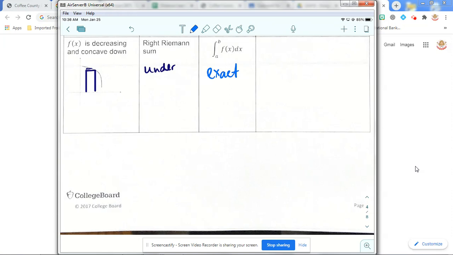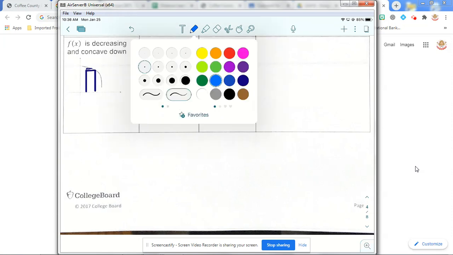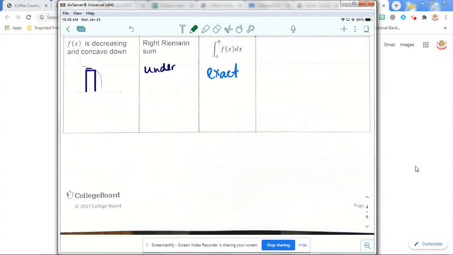All right, so then we have to figure out which is greater, an underestimate or an exact value, not an estimate, an exact value.